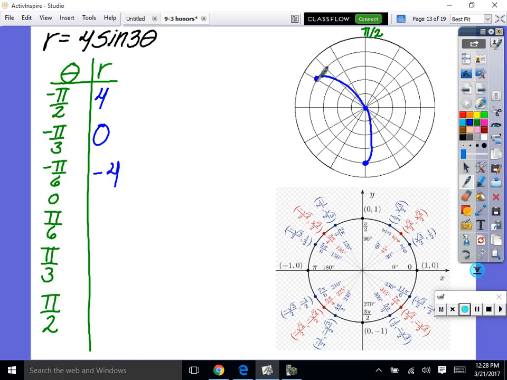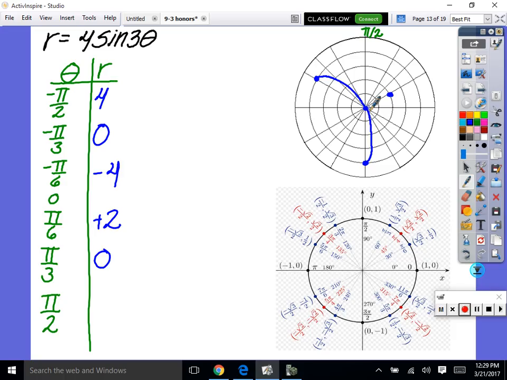Then at pi 6, what are we at? Remember what pi 6 is, 30 degrees, guys. What is it? So at pi 6, we're out 2. Sorry, what am I thinking? And then pi thirds is 60 degrees, 0.